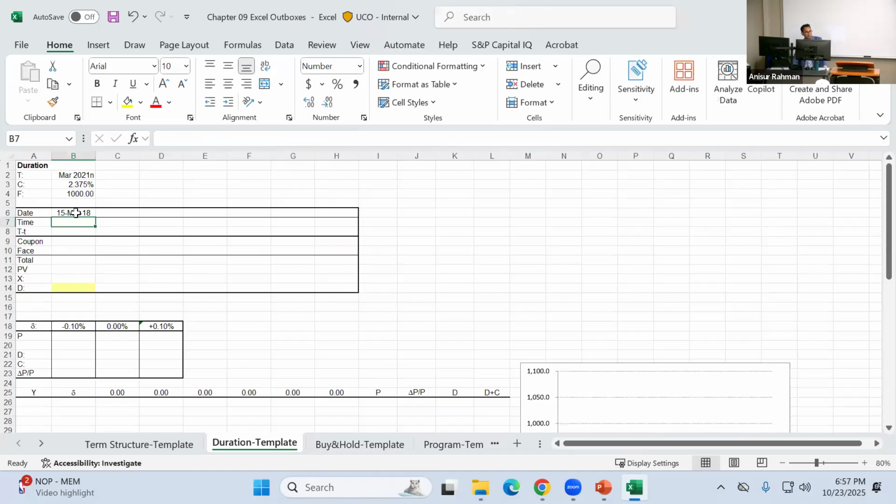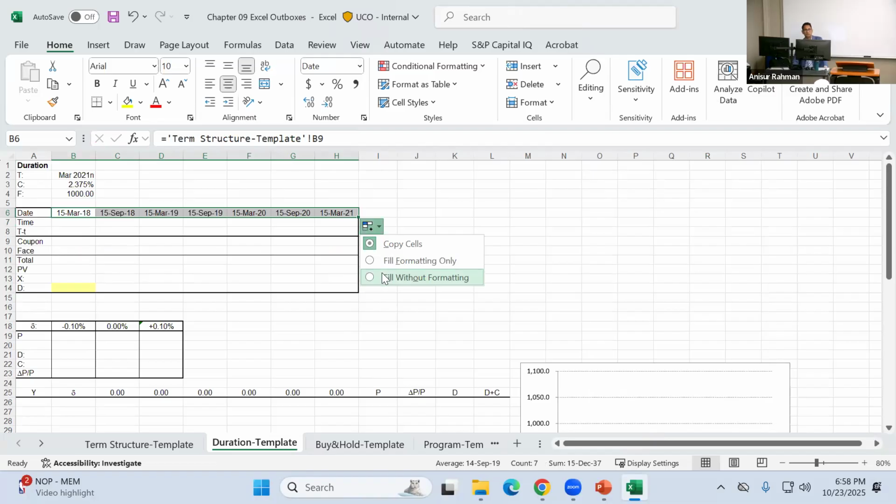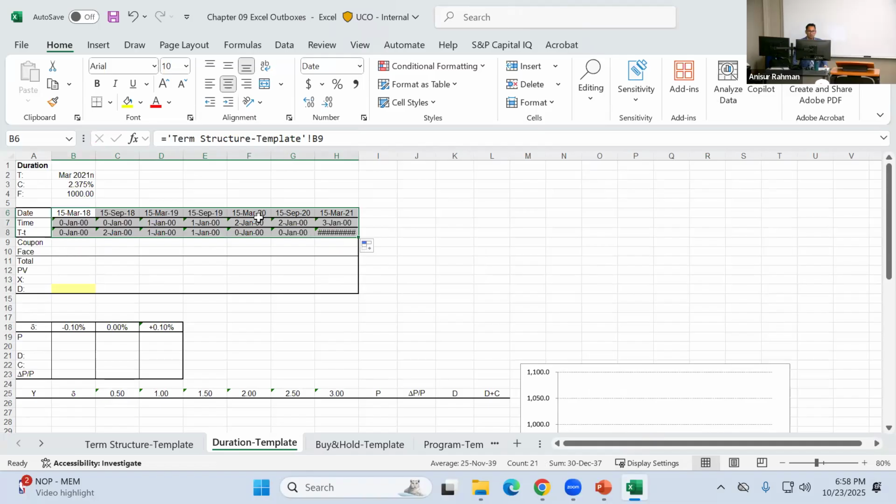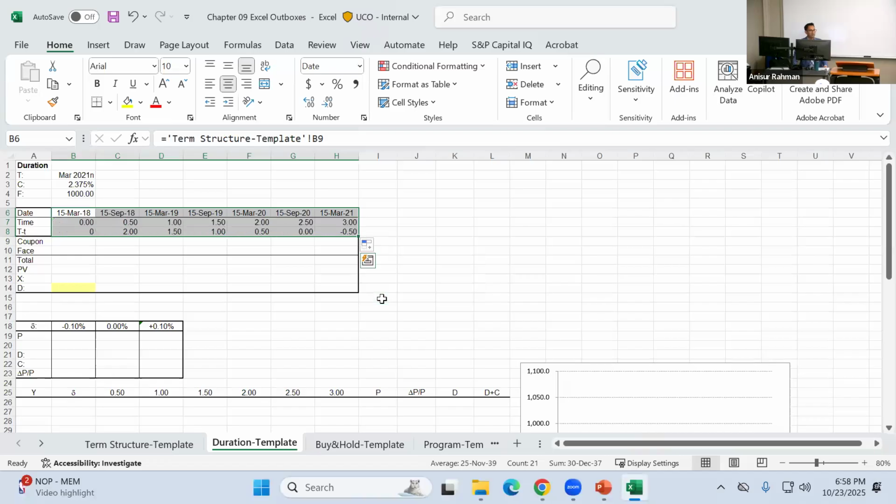Now pull across without formatting, so that our formatting remains intact. And then pull down. It will look very messy, so I'm going to fill without formatting. Is everyone good? Okay. Are you good? Yes.